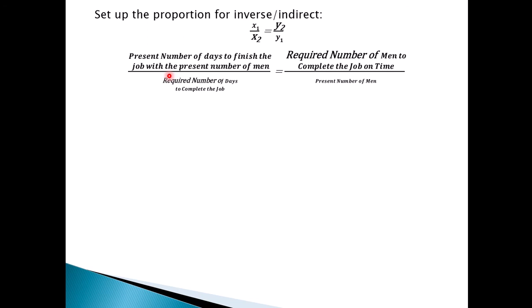Again, for your x sub 1, that's going to be present number of days to finish the job with the present number of men. And then for x sub 2, required number of days to complete the job. And then y sub 2, required number of men to complete the job on time over present number of men. So our missing link here will be the required number of men to complete the job on time.